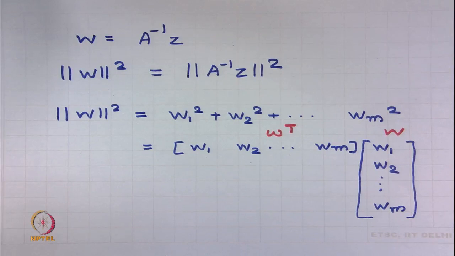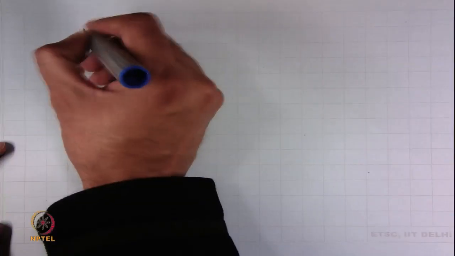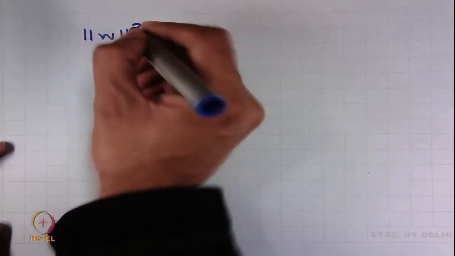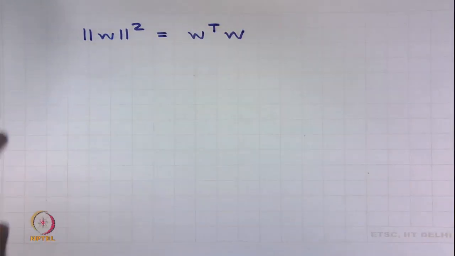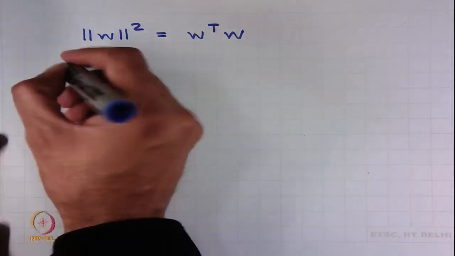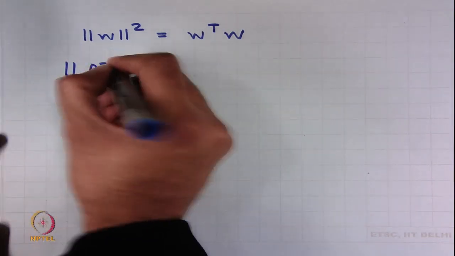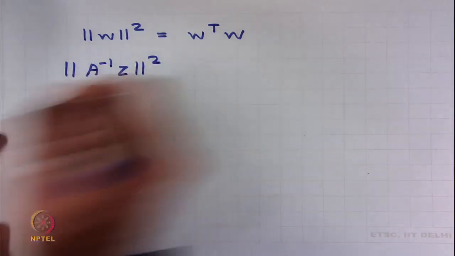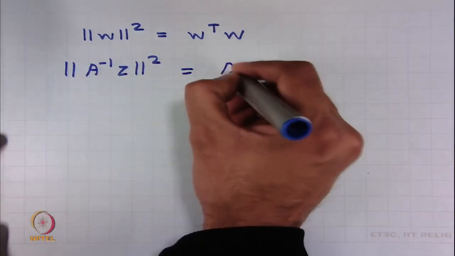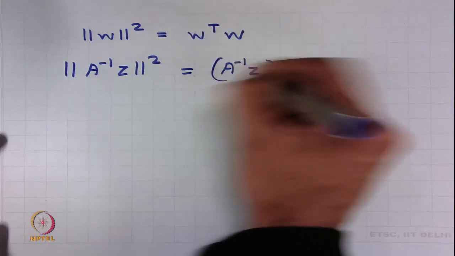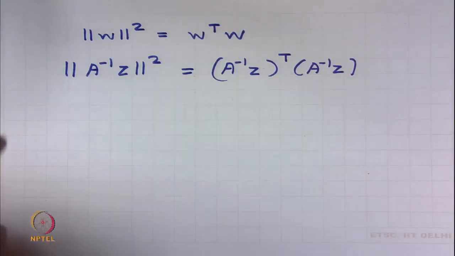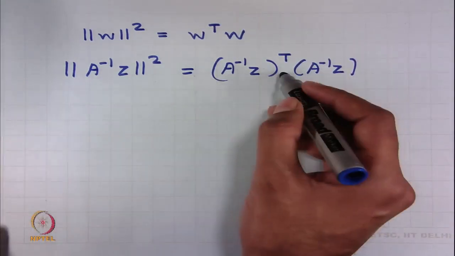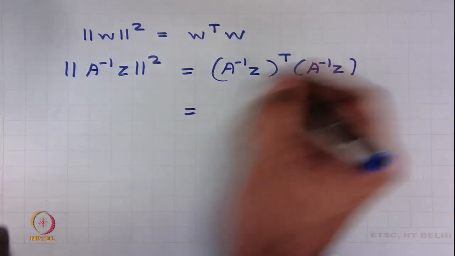So, what we are saying is simply that norm square of W is nothing but W transpose times W. Similarly, norm square of A inverse Z is nothing but A inverse Z transpose times A inverse Z, and this we can solve using properties of matrices.